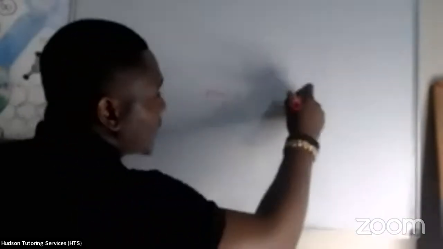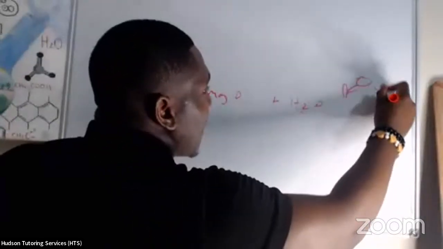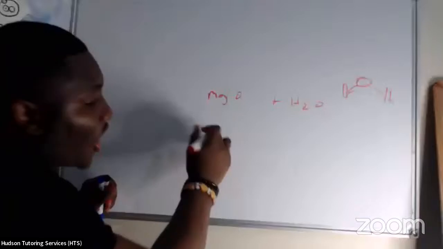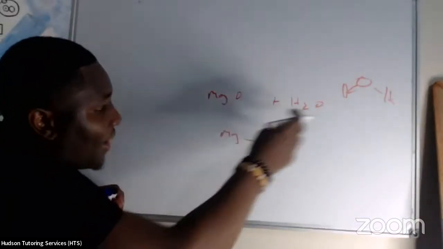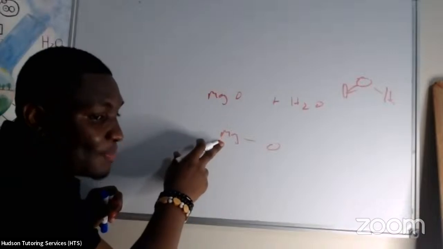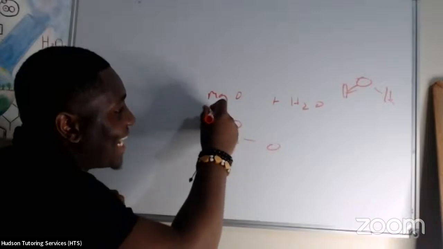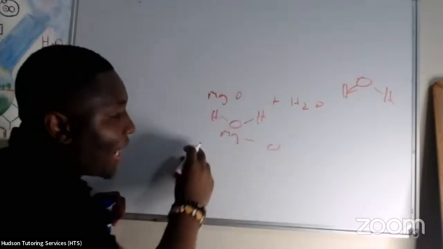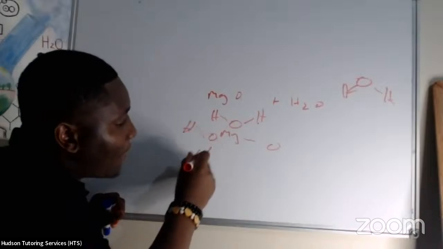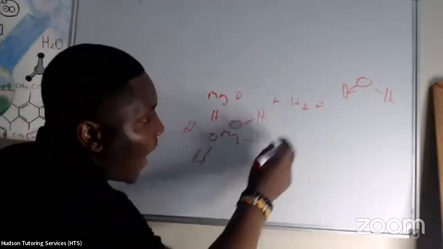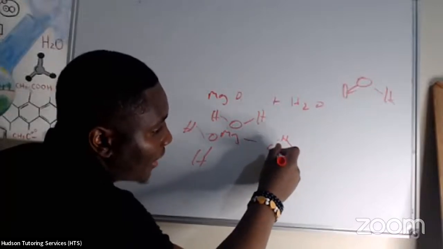When it reacts with water, H2O, which is V-shaped in nature, magnesium is positively charged and oxygen is negatively charged. Because magnesium is positively charged, the water is going to surround it in such a way that the negative pole on the water attracts to the magnesium, while the positive pole on the water is attracted to the oxygen.